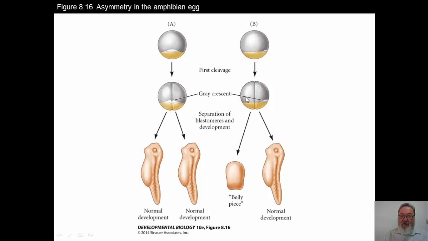And as it turned out, in future studies, it was found that indeed the gray crescent was important because what that gray crescent did was to give rise to the dorsal lip of the blastopore. And later on it was found that the dorsal lip of the blastopore was important in allowing gastrulation to take place and thus in allowing the embryo to form normally.